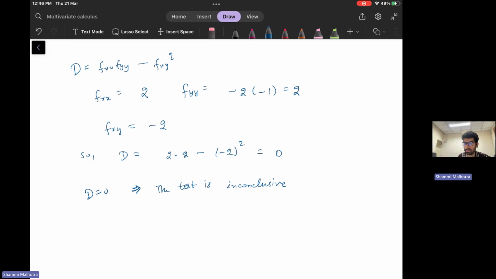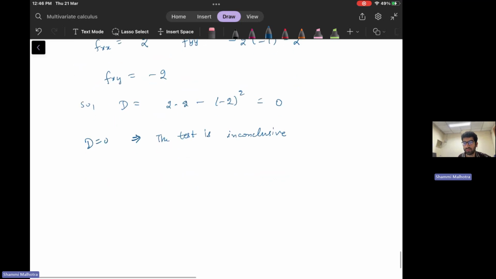So what do we do now? We will now have to see manually the graph of f, and we'll see what happens near those critical points.